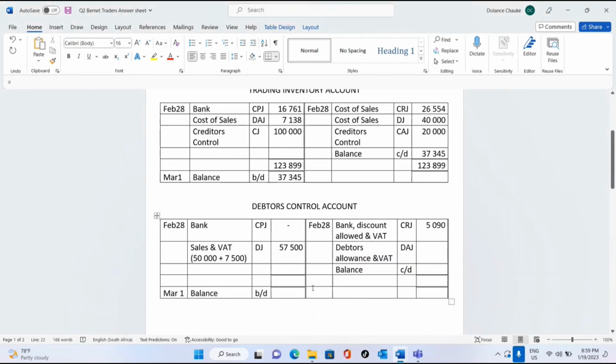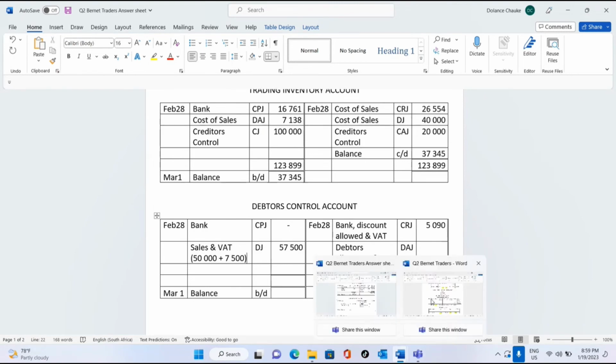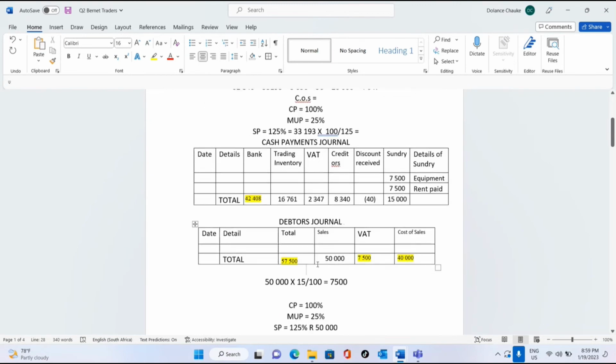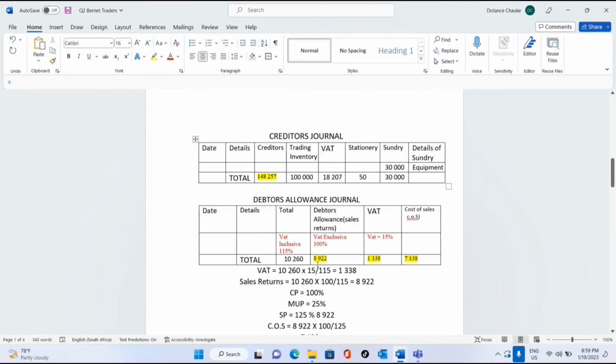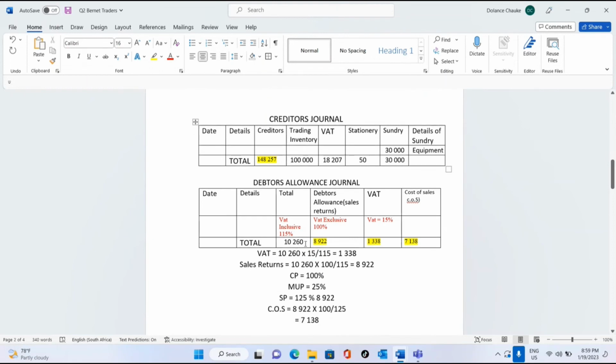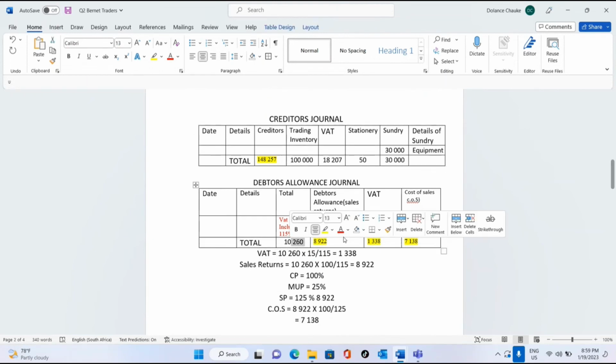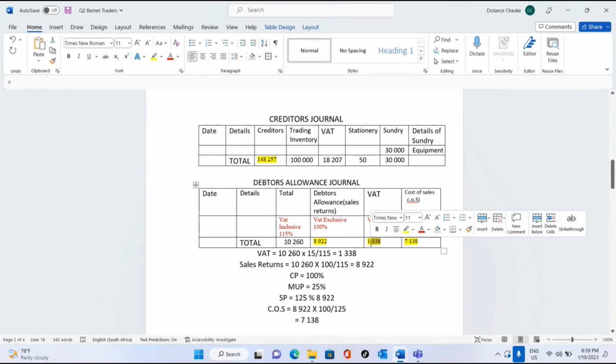Okay, so now let's go and get these debtors allowances plus VAT. It's the same thing that happened this side. Let's go to our debtors allowances journal. We're going to take the total because the total is VAT plus debtors allowances, right?